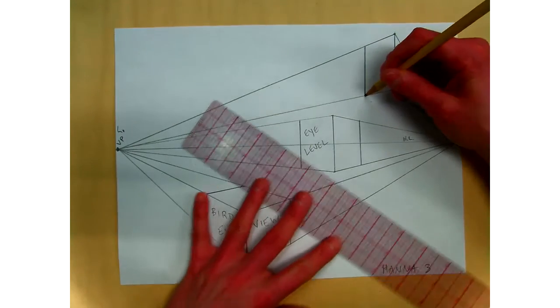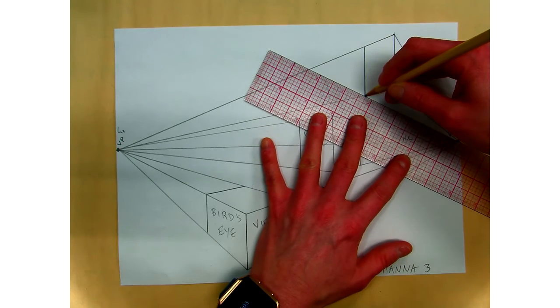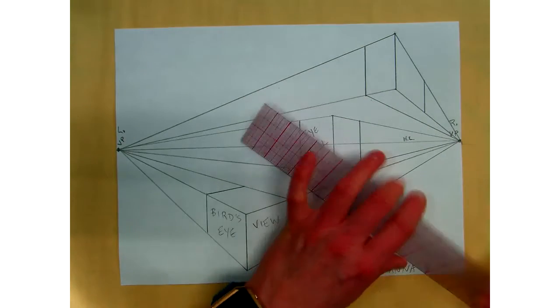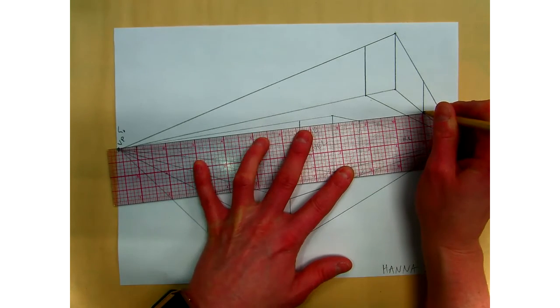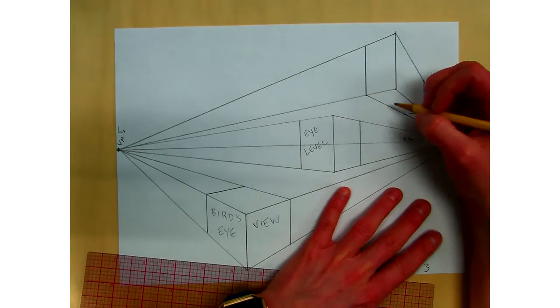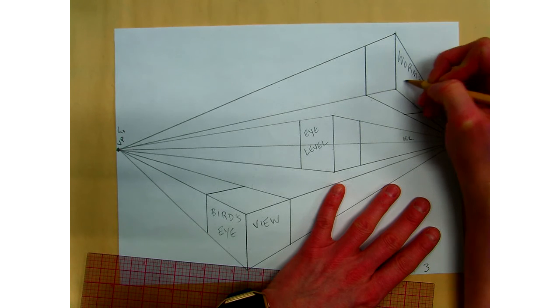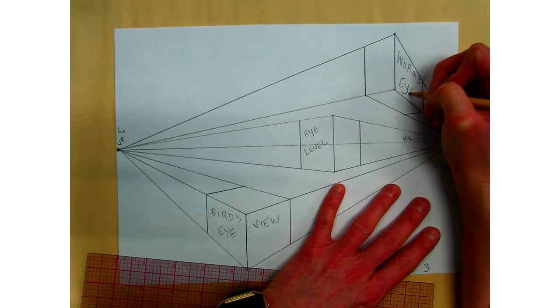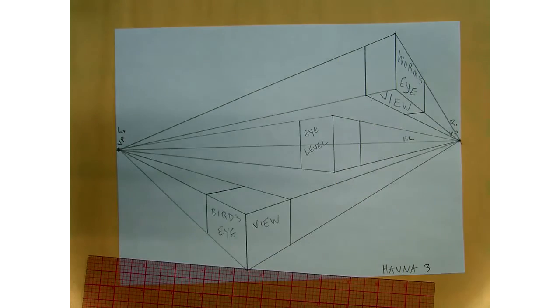Then we go from the bottom of the vertical one over here on the left, line it up with the vanishing point to the right, and sketch it back. Same thing here from the one on the right, line it up with the vanishing point to the left and sketch it back. And this is a worm's eye view, because you can see the bottom of the box.